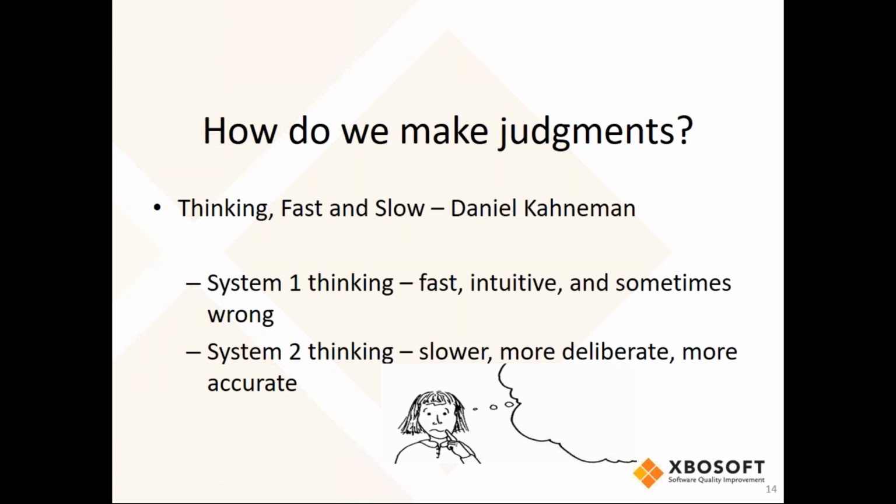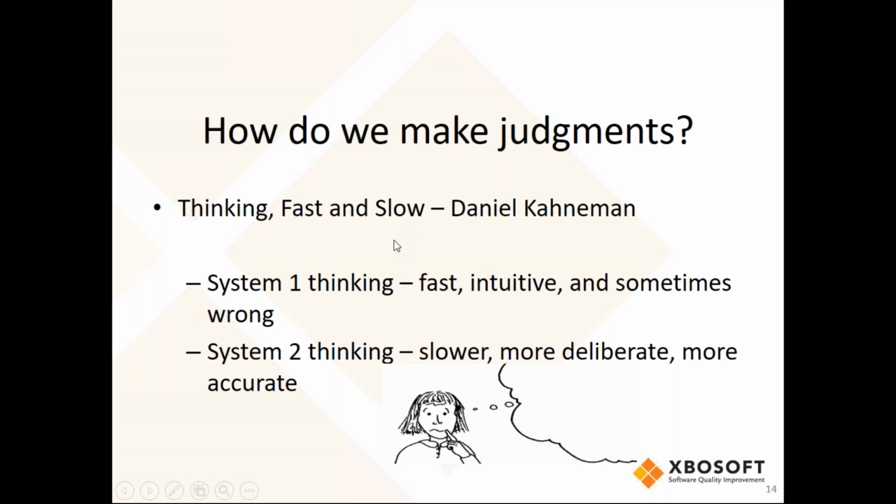System one thinking, which is usually fast, intuitive, but sometimes wrong. And system two thinking, which is slower, more deliberate, and more accurate. And that is what engages more complex thought and really is used to evaluate decisions. But it can't respond quickly enough for most day-to-day decisions.